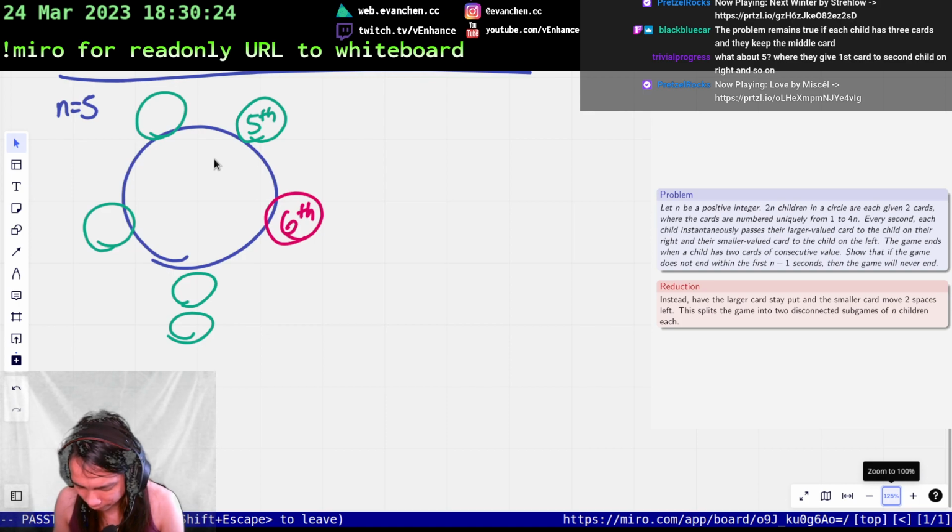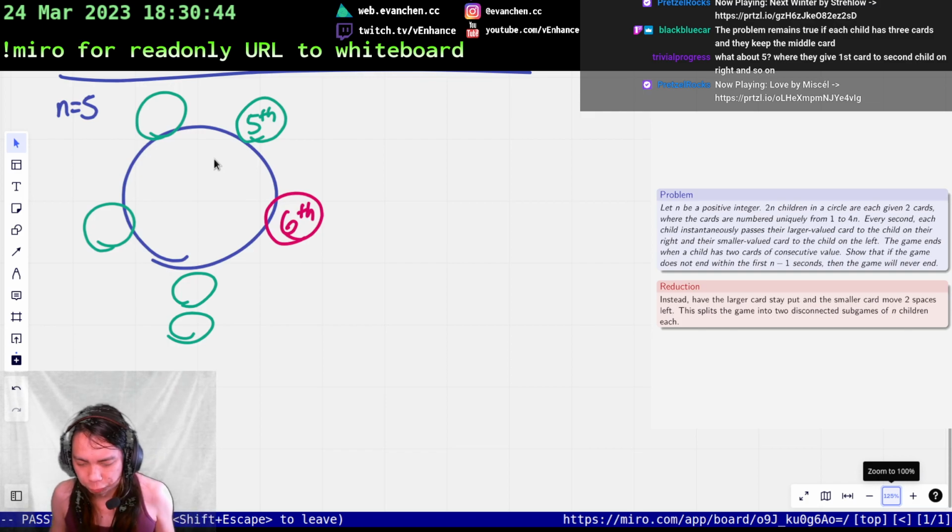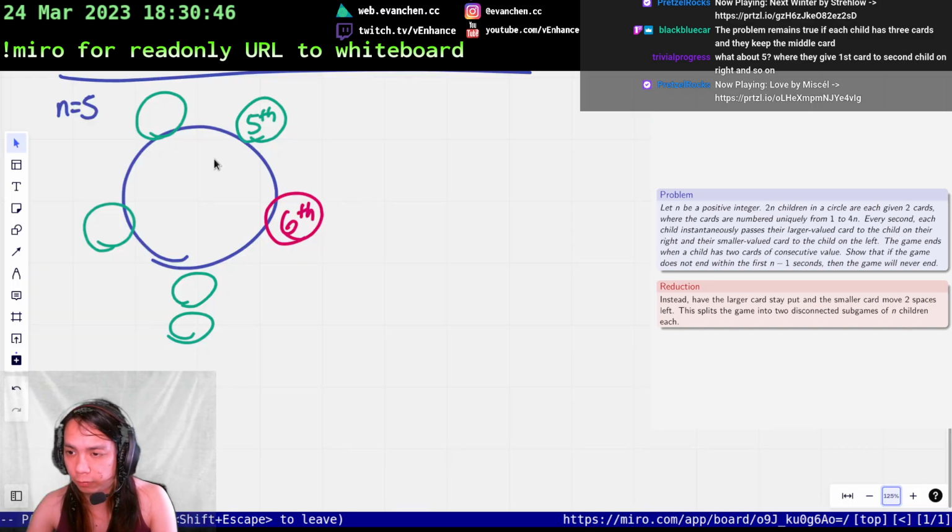Yeah, but there's... What about 5 where they give first card to second child to right and so on? The problem remains true if each child has 3 cards and they keep the middle card. Wait, that sounds really familiar. Give me a moment. I want to check if I've seen something before.